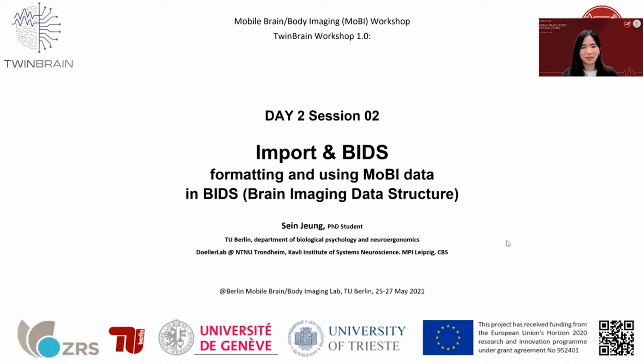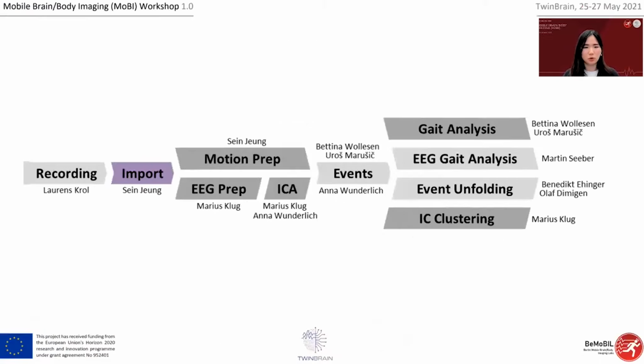So with this, we move on to the overview of the sessions in day 2 and day 3. Laurens just showed you how to use Lab Streaming Layer to record data. And right after having collected your data, you will have the data in .xdf format.